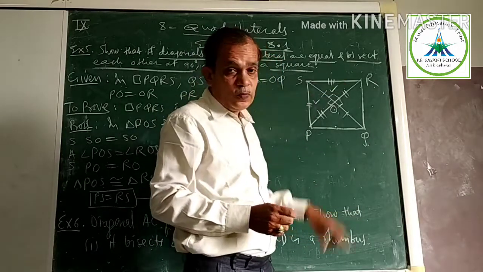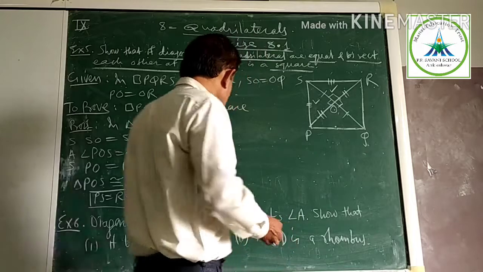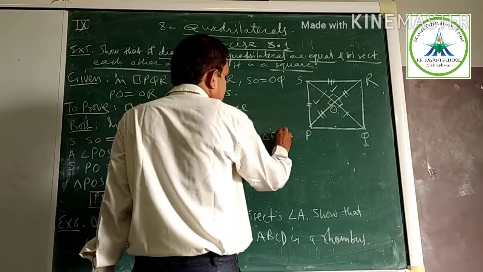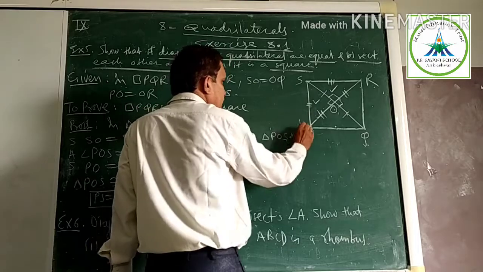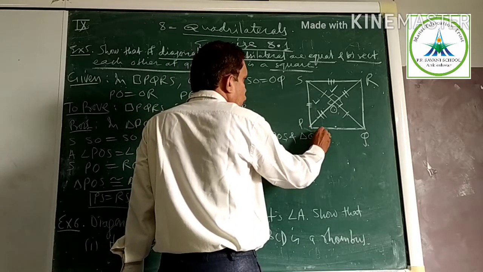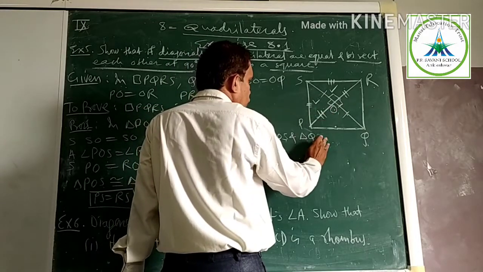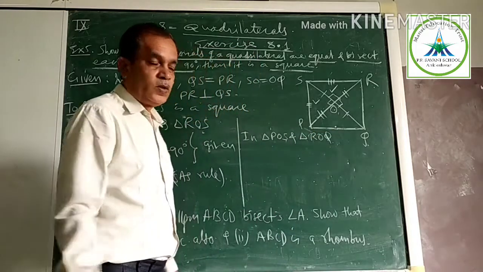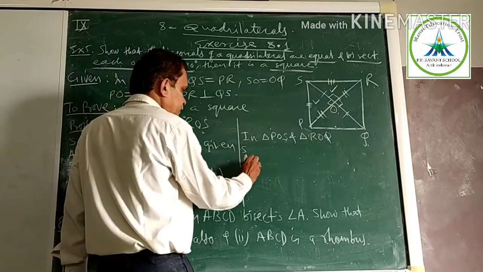PO equal to RO. Now see, in triangle POS and triangle QOR, SAS rule again.